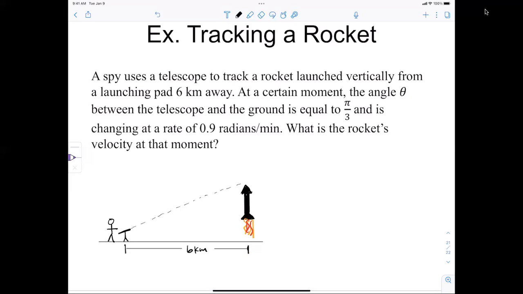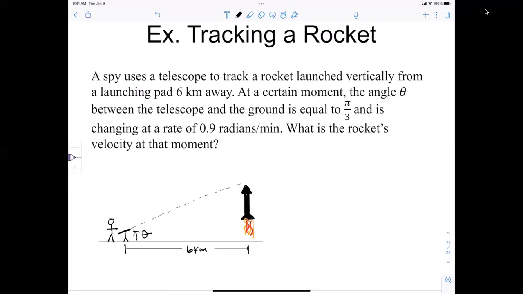So at a certain moment, the angle theta between the telescope and the ground is equal to pi over 3 and is changing at a rate of 0.9 radians per minute. So this angle right here, we're calling theta.